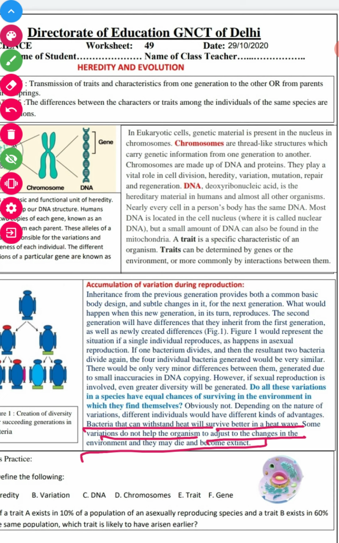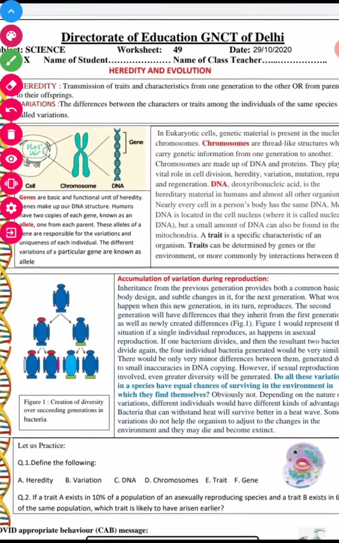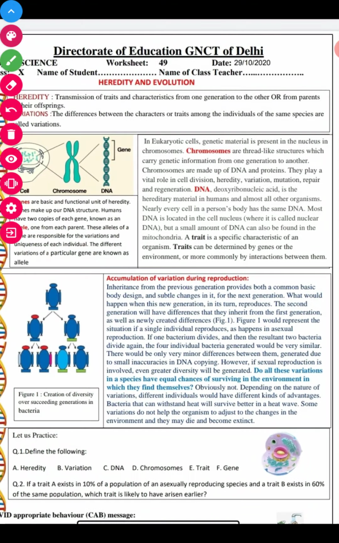Okay. Those organisms which cannot cope with the environment, or cannot adjust to their environment, die and become extinct. So see, they have given you this example. With the help of this example, see, this is a single individual.